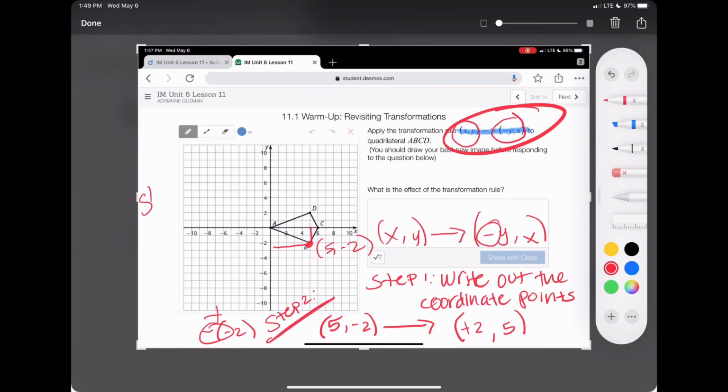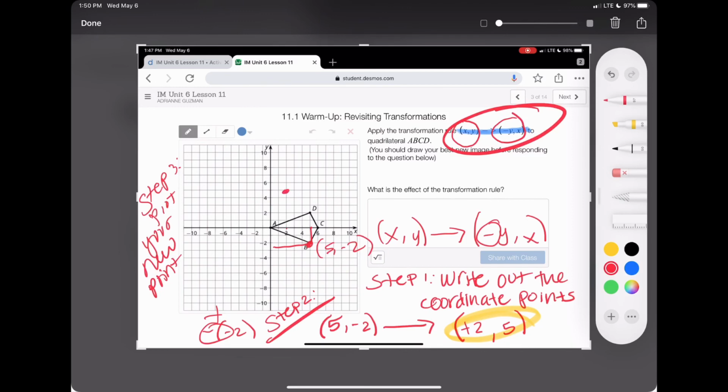Step 3 will be to plot your new point. Okay, sorry, it's a little messy, but plot your new point. So my new point is this one here, 2, 5. So that's a positive 2 and 5. Here's my new point.